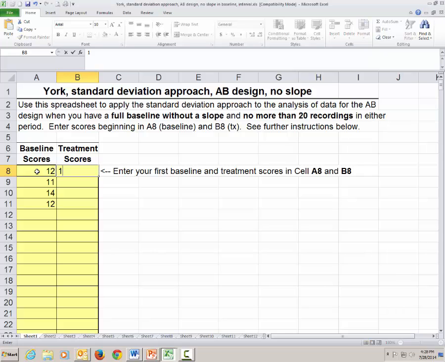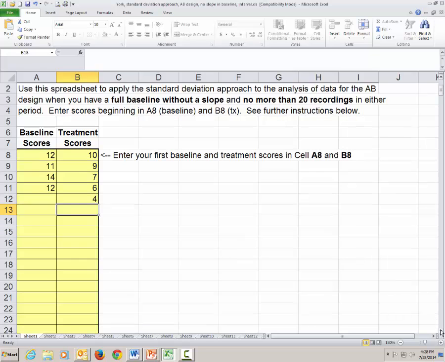During the treatment period, the first month of the treatment period, the absences were 10, then 9 absences, then 7 absences, then 6 absences, then 4 absences. So you can see that the absences have gone down. The question is, is this significantly different from that?